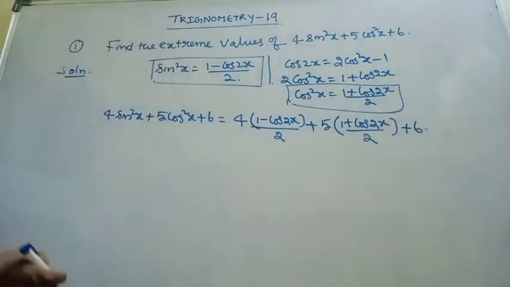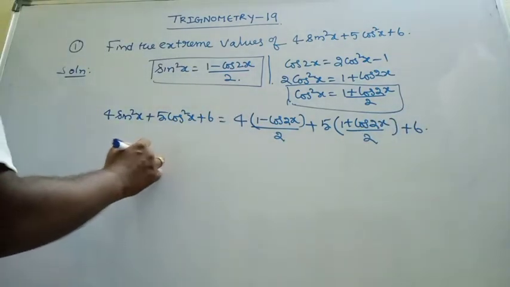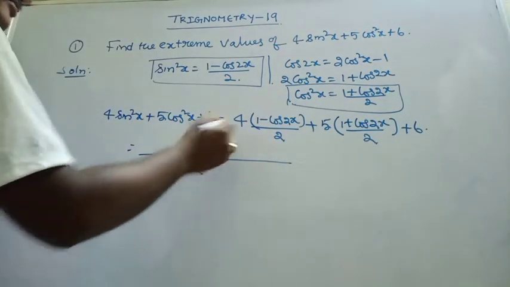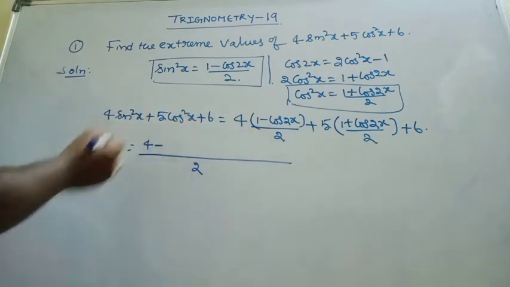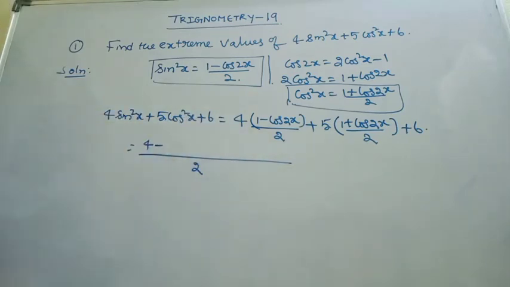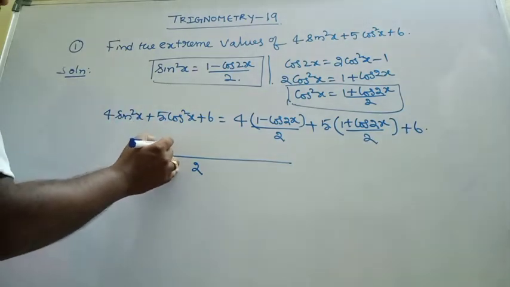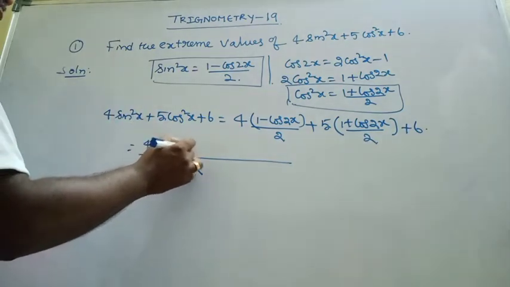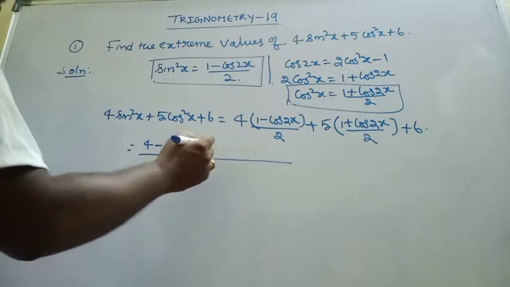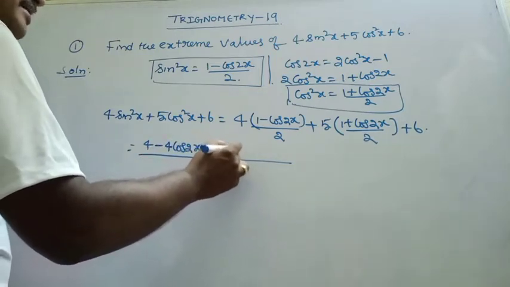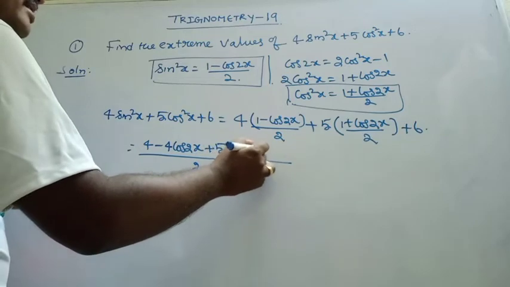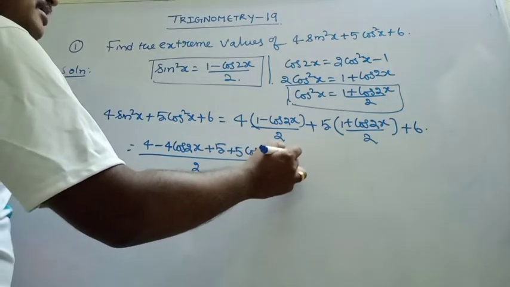Now if we take the LCM, 2 is the LCM. 4 into 1 is 4 minus 4 cos 2x, and 5 into 1 is 5 plus 5 cos 2x, plus 12.